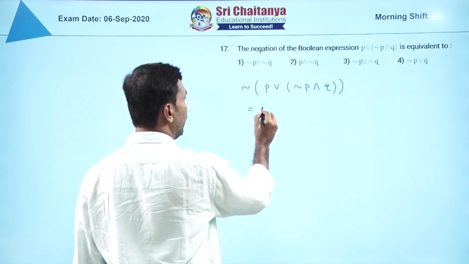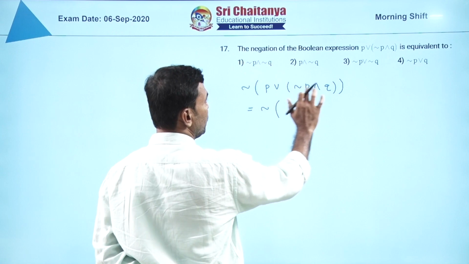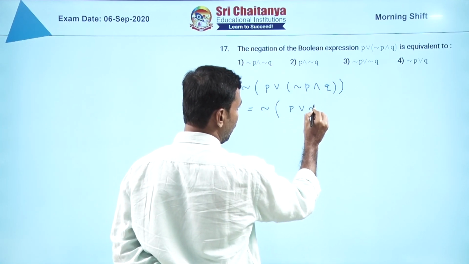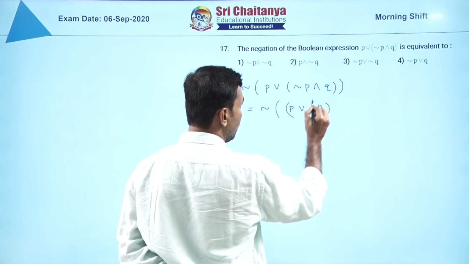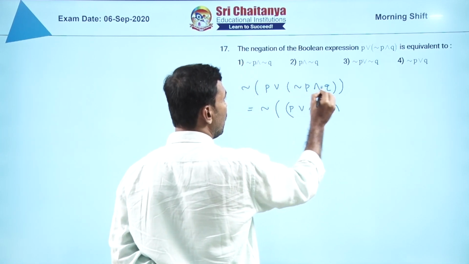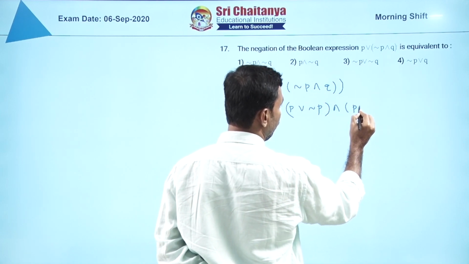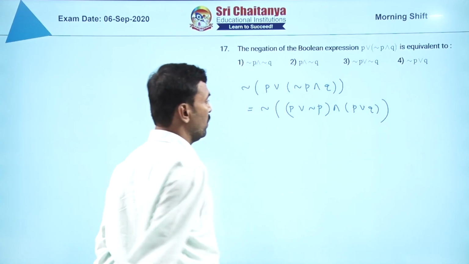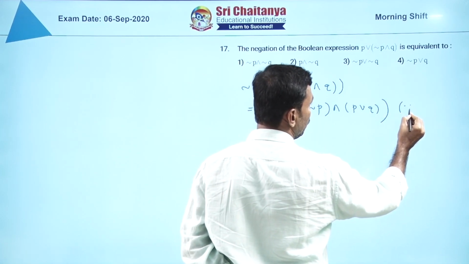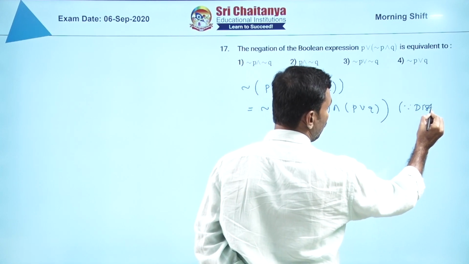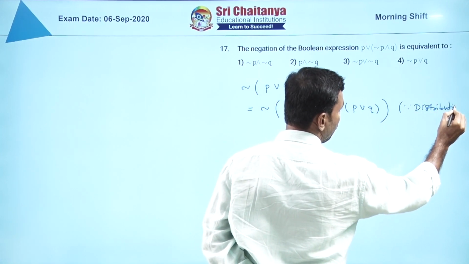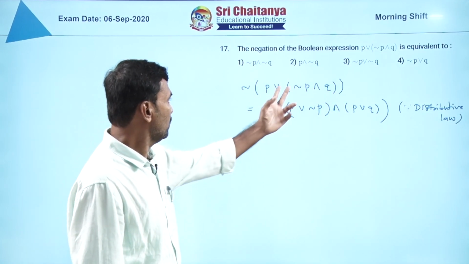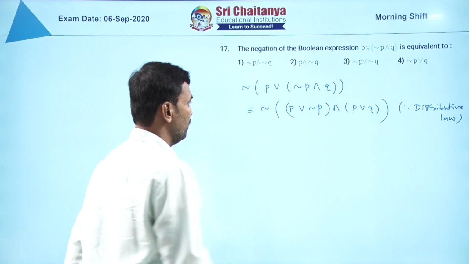This is equal to negation of, for this I am applying the distributive law, (P or negation P) and (P or Q). Since by using the distributive law, this is equivalent to this.